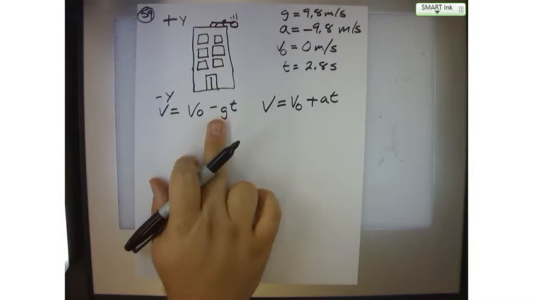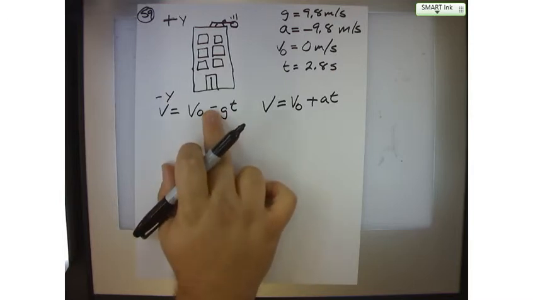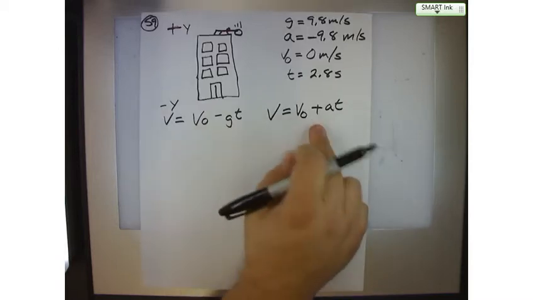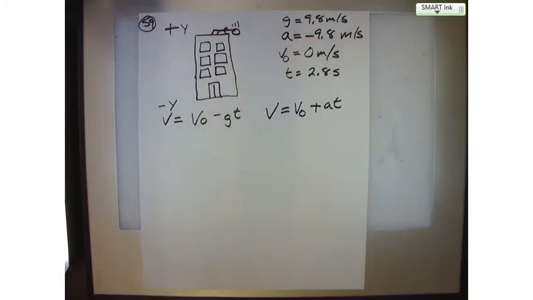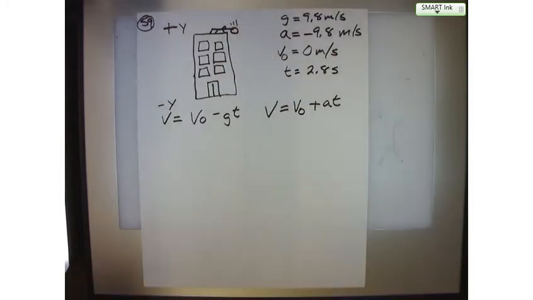The acceleration due to gravity is always going to be negative. They've changed the equation. Now if I use this equation, Mr. Adams has to remember to plug in the negative value. And that all comes from how I orient this problem when I draw my picture. Either way, both of these will work.